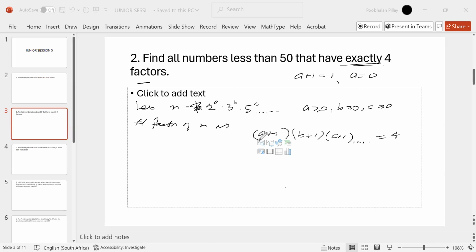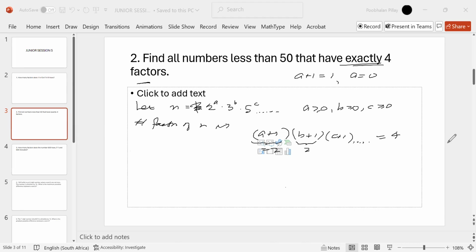So you will have A plus 1 equals 2, and B plus 1 is also equal to 2. So the only way you can get 4 is 2 times 2. And then you could have 1 times 4, by the way. You could have 1 times 4, but that's it. Or otherwise, just 4 itself.